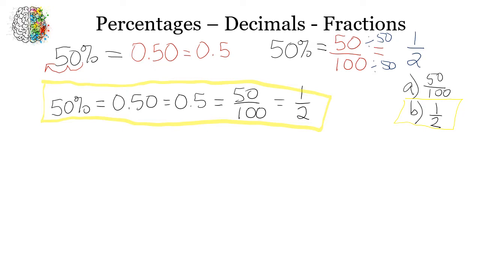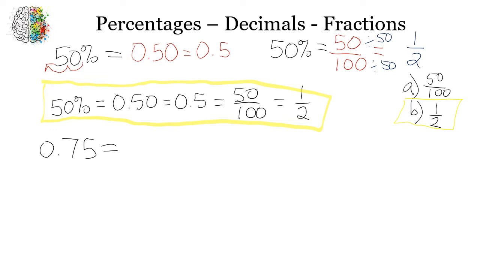Okay, so we just walked through how to convert percentages to decimals and fractions. Now let's go the opposite direction and convert decimals and fractions to a percentage. So let's say they give us 0.75, and we want to convert that to a percentage.